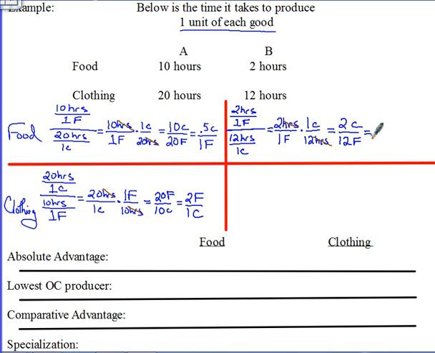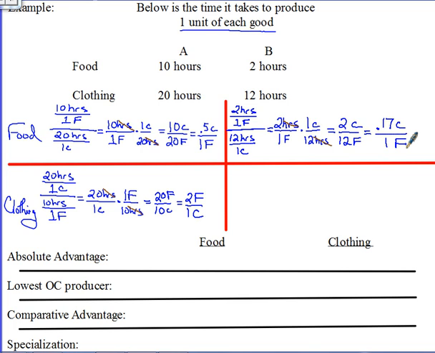And then we have to simplify that. So when we simplify this, 2 divided by 12 is 1 divided by 6, which is 0.1666 repeating, but we'll just round it to 0.17 units of clothing given up every time that B produces 1 unit of food.